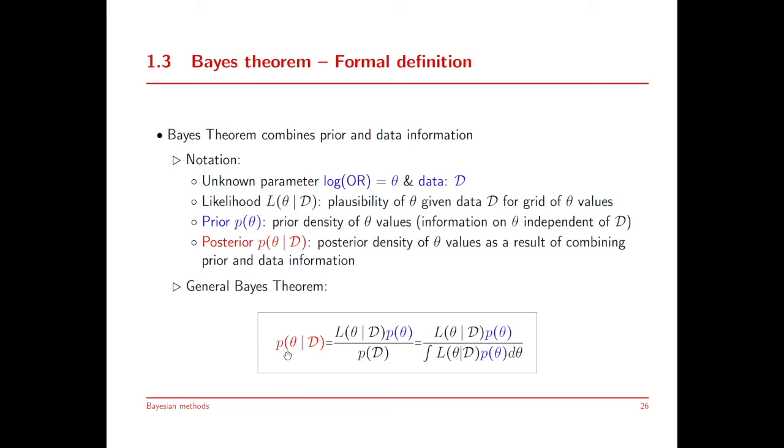So we read off that the posterior density of theta after having seen the data is a combination of the likelihood for theta after having seen the data with the prior on theta, divided by a constant. And what is that constant? Well, it's just the area under the curve of this function. And that brings us to this integral.